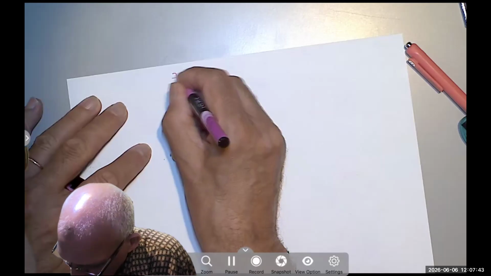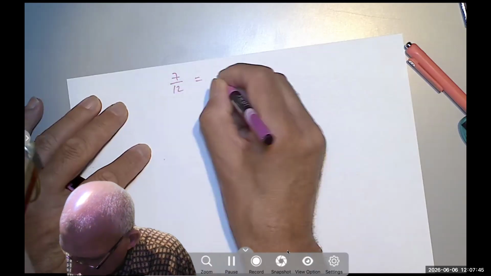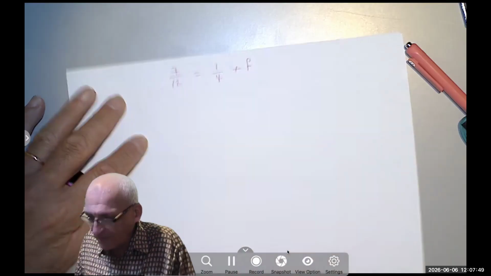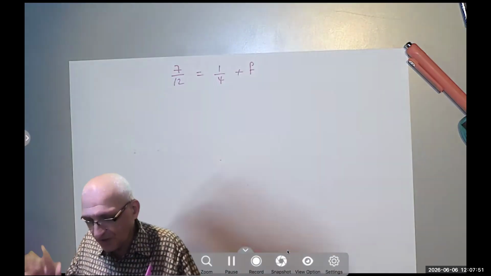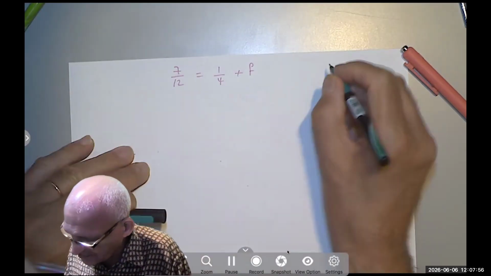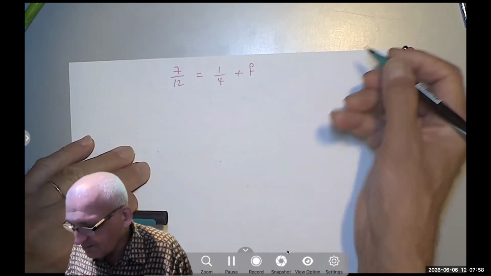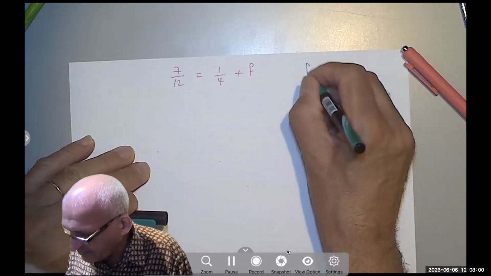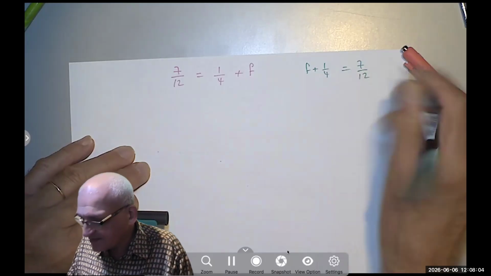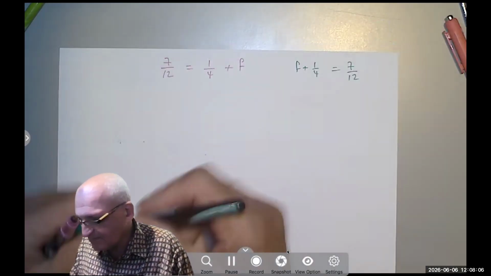So let's say, for example, I have 7/12 equals a quarter plus f. What is f? Again, people who don't like the variable on the right-hand side write it as 1/4 plus f, or even f plus a quarter equals 7/12. That's what you are most likely familiar with.